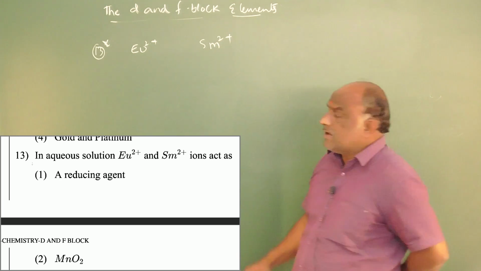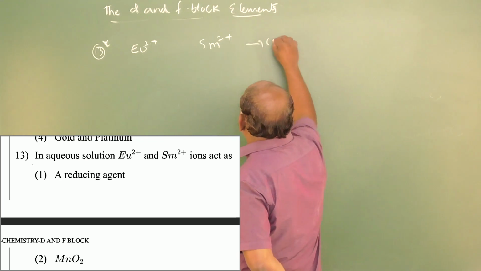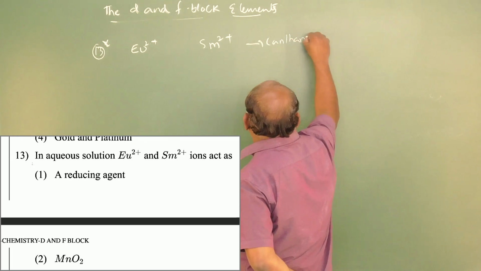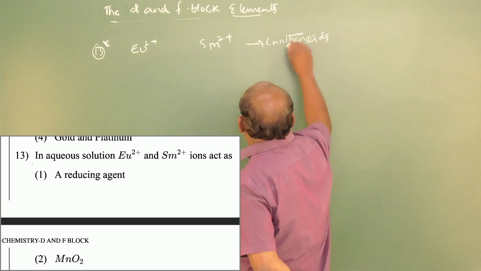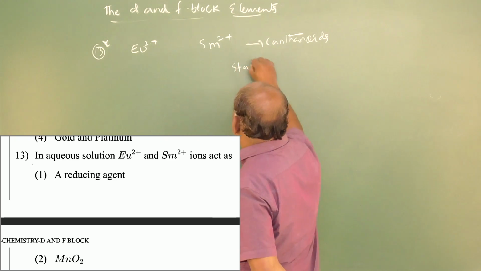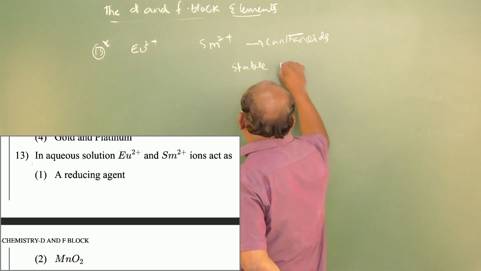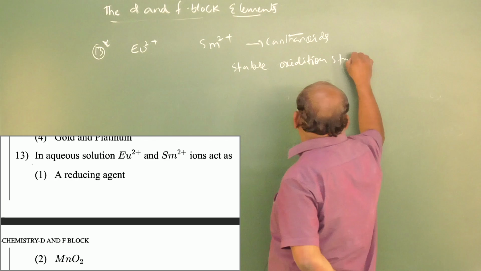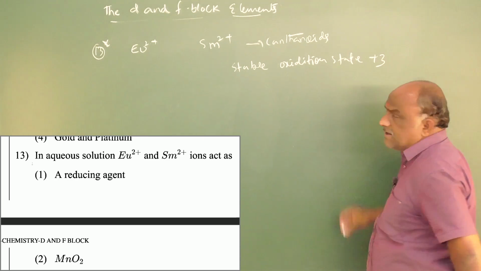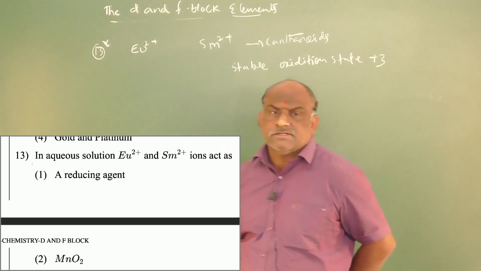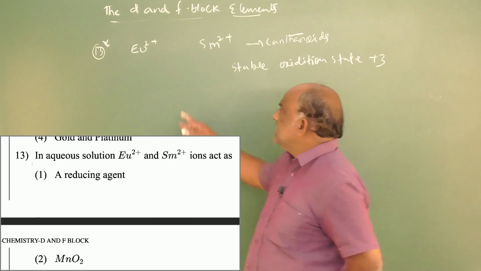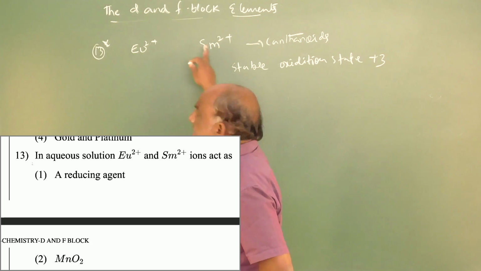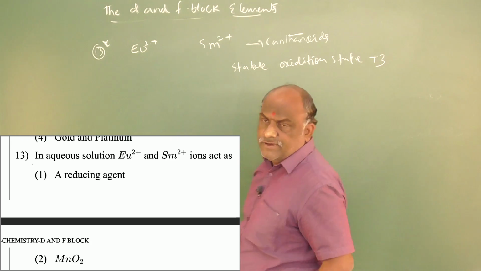Europium and samarium both belong to the lanthanides, and the lanthanides' common and stable oxidation state is +3. But in this example europium is +2 and samarium is +2, due to half-filled electronic configurations.